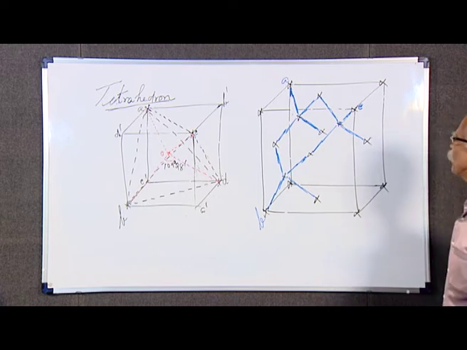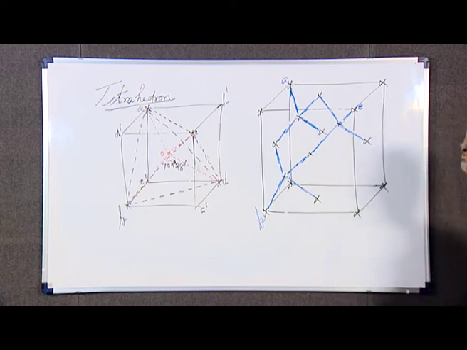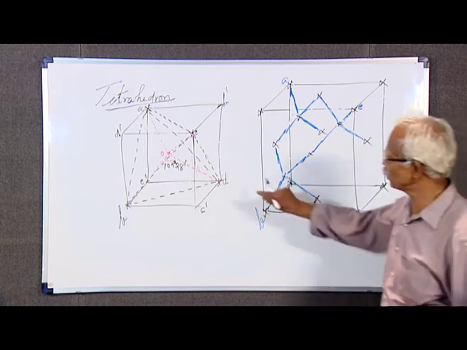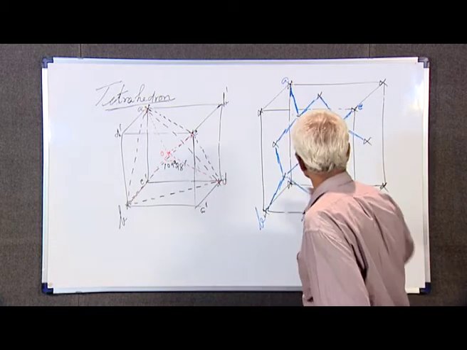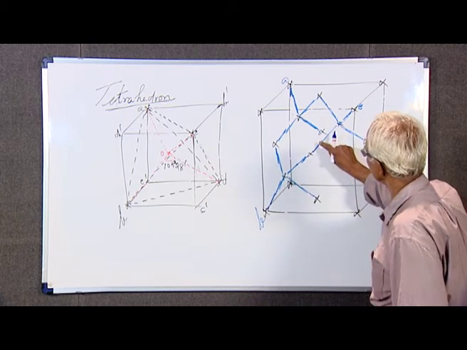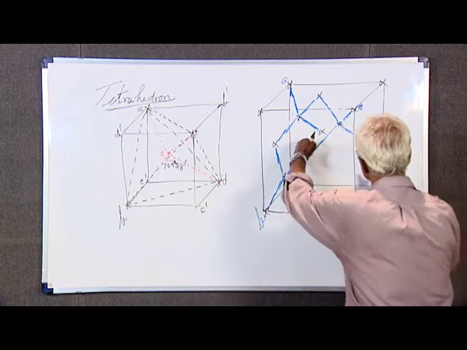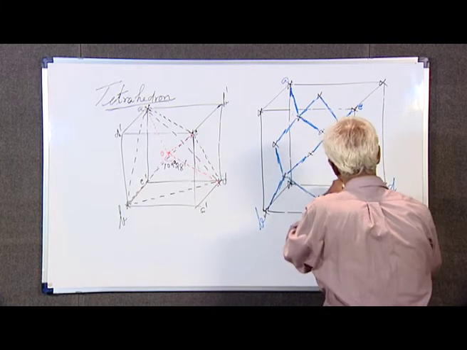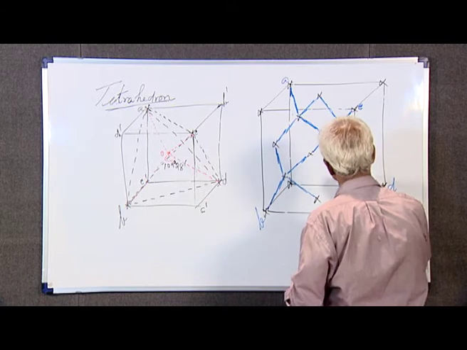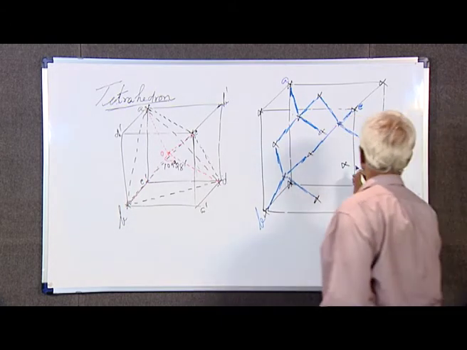Now we have almost completed. One more, the last of the 4 things, namely along D you have to complete. So this is D. Then this is the body center, and the 1/4 point is somewhere here. Then join it.